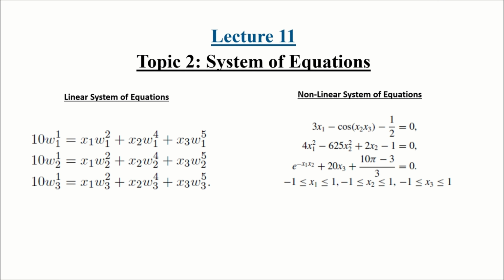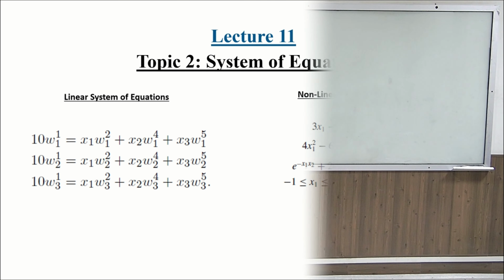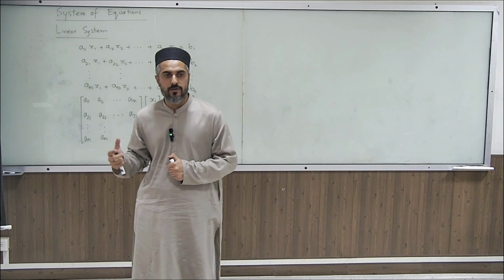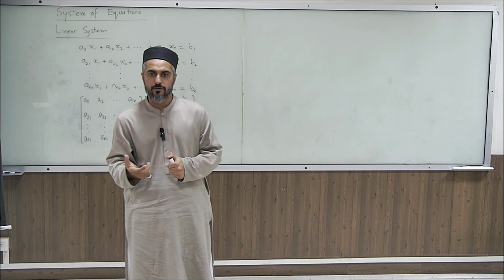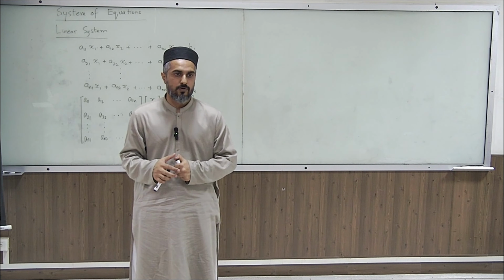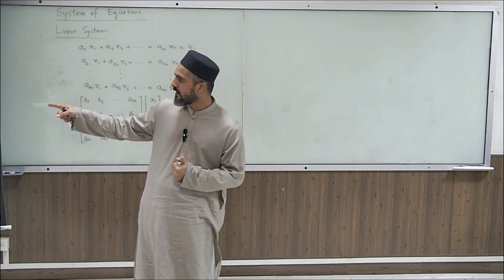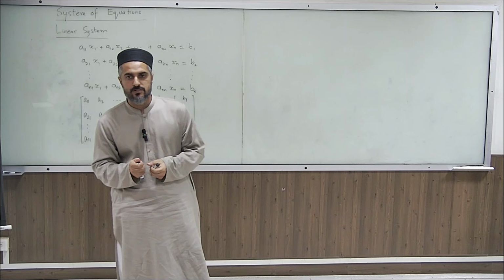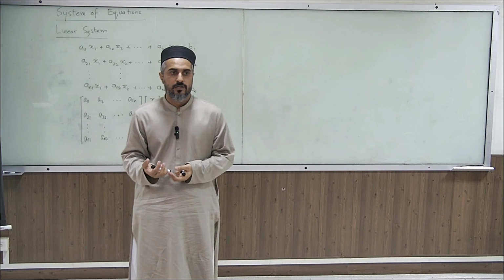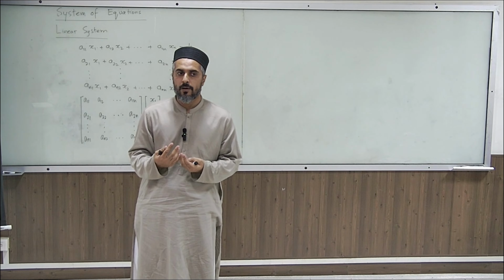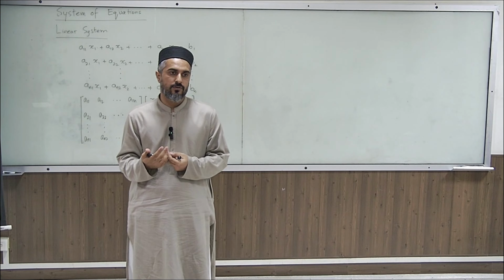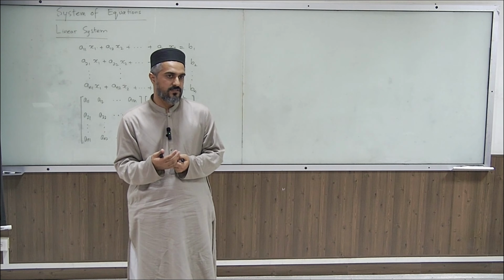We'll be looking into this example. We'll get to know what these w1, w2 are at the end of this topic, and we'll be able to solve that problem. The unknowns in this example are x1, x2, and x3. So it's a linear system. We can convert it into a form where we can use matrices to solve it.